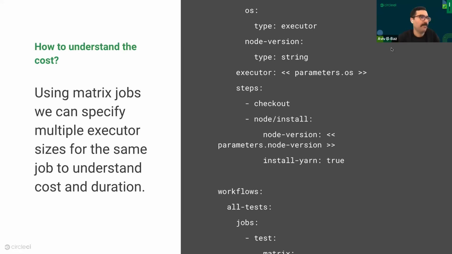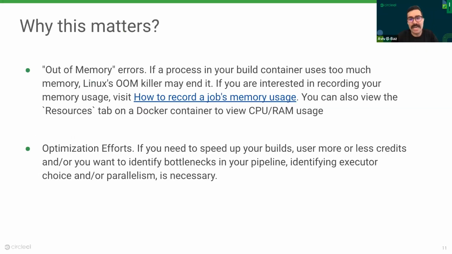The second thing is why executor choice matters. And ultimately, I wanted to boil that down into two, one really core issue and then one larger issue, right? The core issue is that these resources are virtual machines, and ultimately there are memory limitations should you throttle and max out the machine that you're using to run your builds on, right?